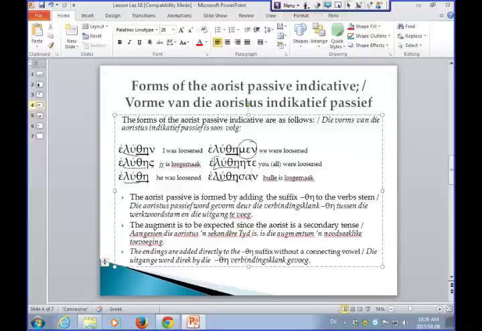Your sister, yeah. We look at poromai, I go, and then the passive form, I went. So your sister went.